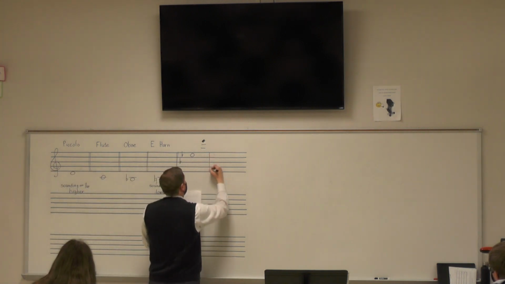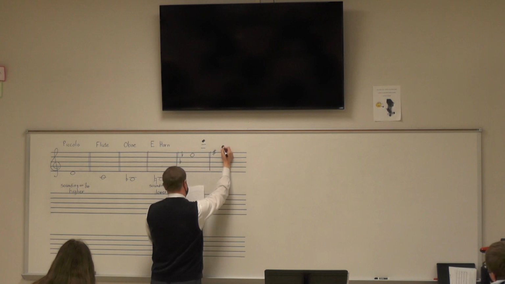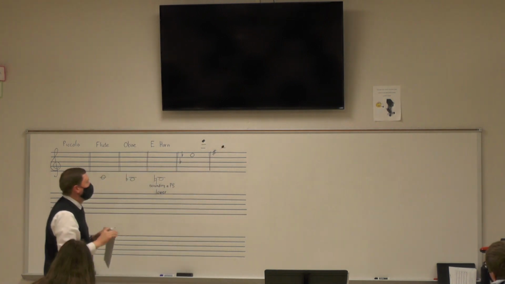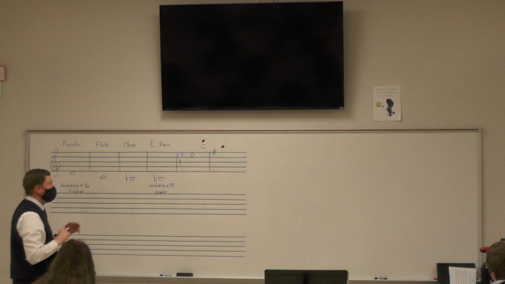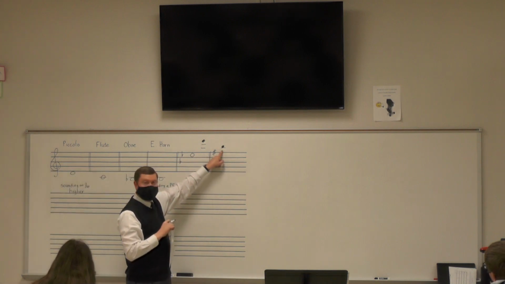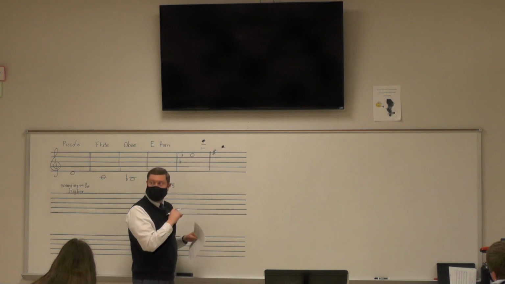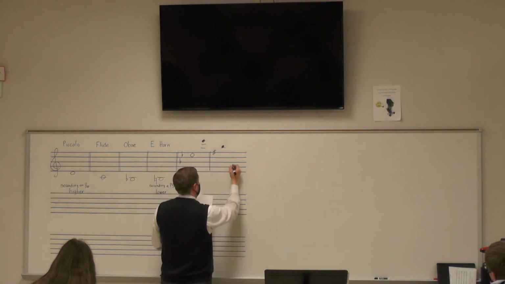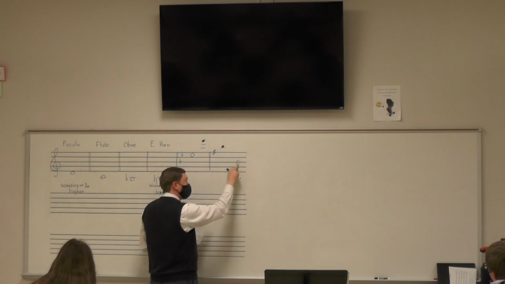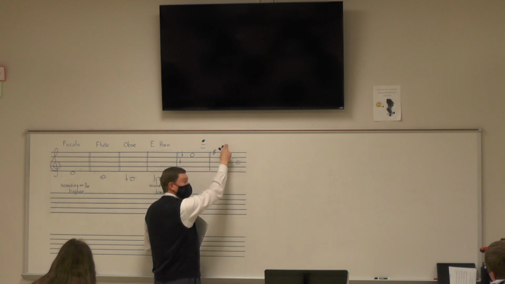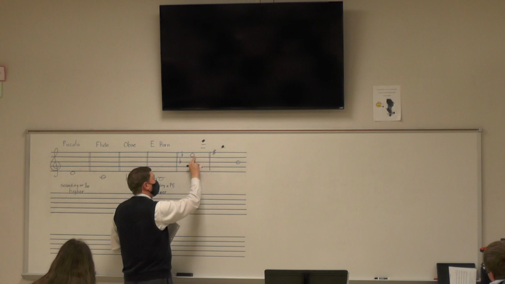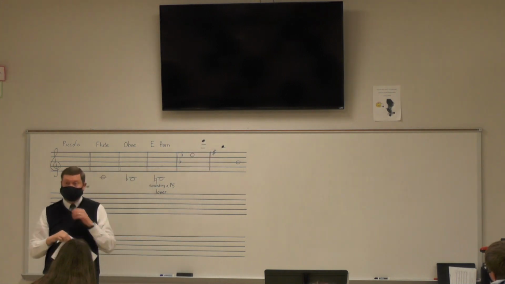And let's go the reverse direction. If the actual sound that the piccolo is producing is this one right here, what pitch would I have to write for the piccolo for it to give me that concert pitch? Yeah, I'd have to write the B an octave lower than that, okay? So I would write this one. So you write this for the piccolo, and you hear this. You write this for the piccolo, and you hear that, so on and so forth.